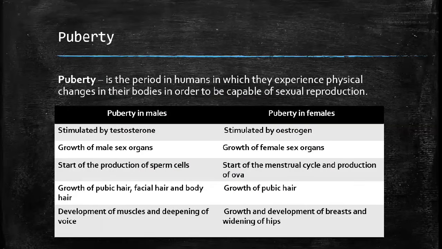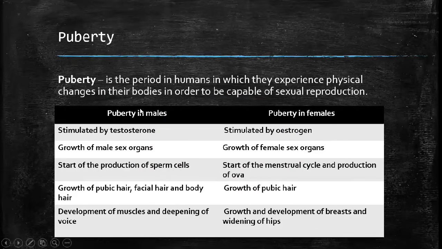When you look at the body parts of a female and a male, they're not the same. Males have a very deep sound whenever they speak, but females don't have it. They have a very soft sound. They speak in soprano.